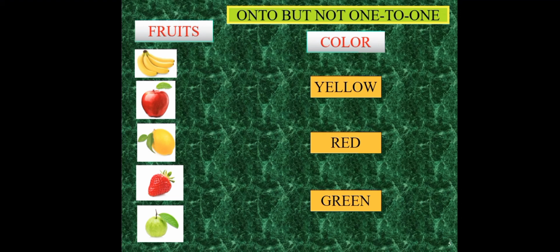So banana is on yellow, apple is on red, lemon is of course on yellow, strawberry on red, and guava on green. It is onto because every element in the codomain has an image in the domain, but not one-to-one because there is more than one element in the domain that has the same corresponding element in the codomain.